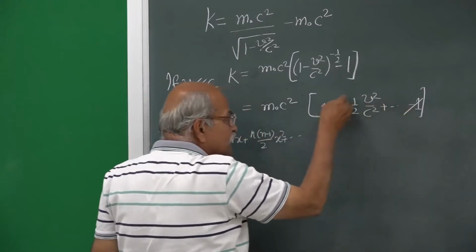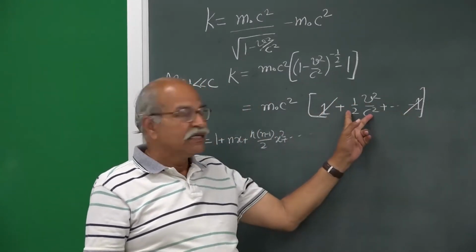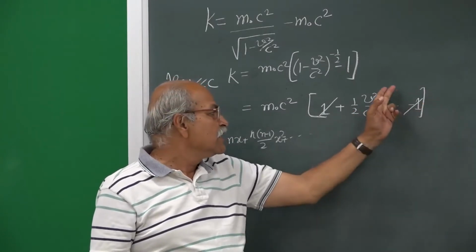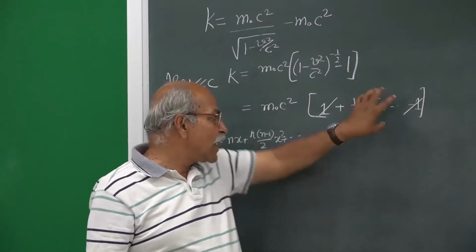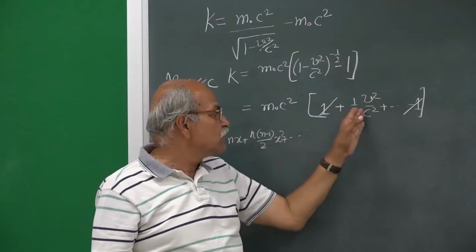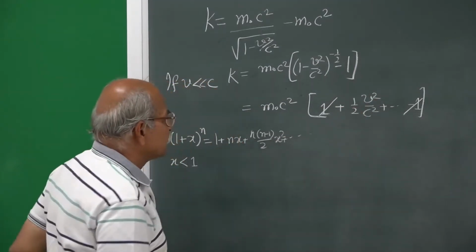So, this minus 1 cancels with this minus 1, but this remains, and therefore, we need not write any other term. Next term will be v to the 4 by c to the 4, the square of this is already small. So, the first non-zero term we will retain, that is the way we do approximations.